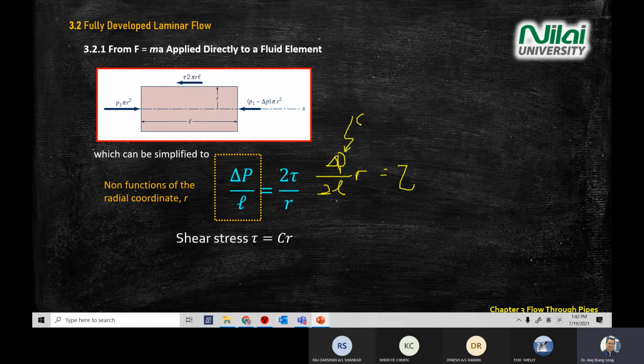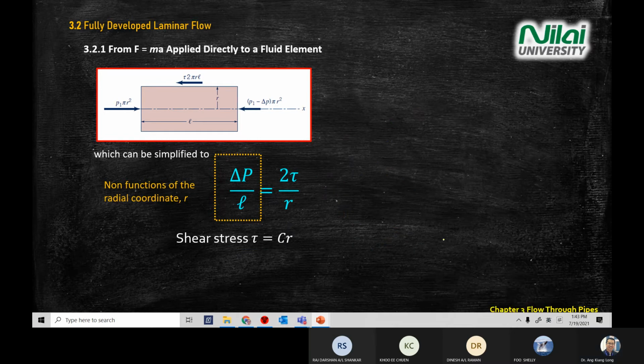Pressure is a constant value, length is a constant value. If you want to study the relationship between R versus shear, this whole thing divided by 2 is constant, so you can write constant times R equal to shear. This is how I write the note here. The capital C here represents delta P divided by 2L, a constant value. So from here, we are able to develop the relationship.